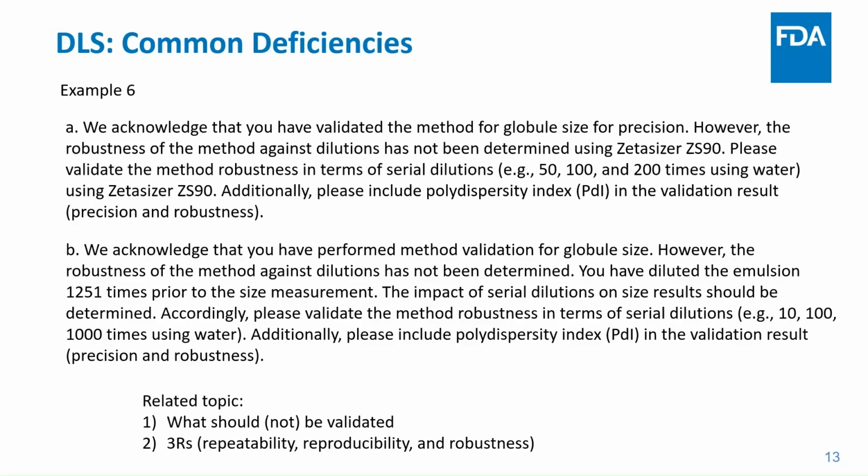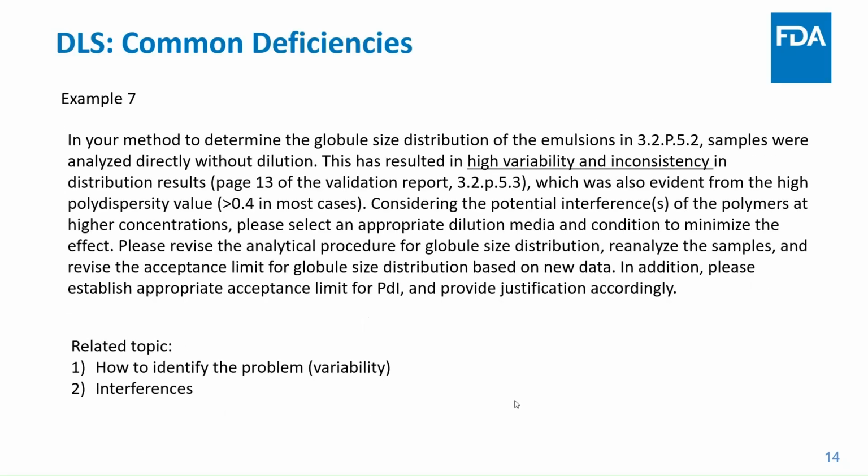So why don't you perform a robustness study to evaluate the impact of dilution on the size value? That makes us confident that even when you make slight changes, or there is an operator error in the dilution, we will not be worried about the value produced. So it can still be used to release a batch, for example, or to demonstrate equivalence, as another example.